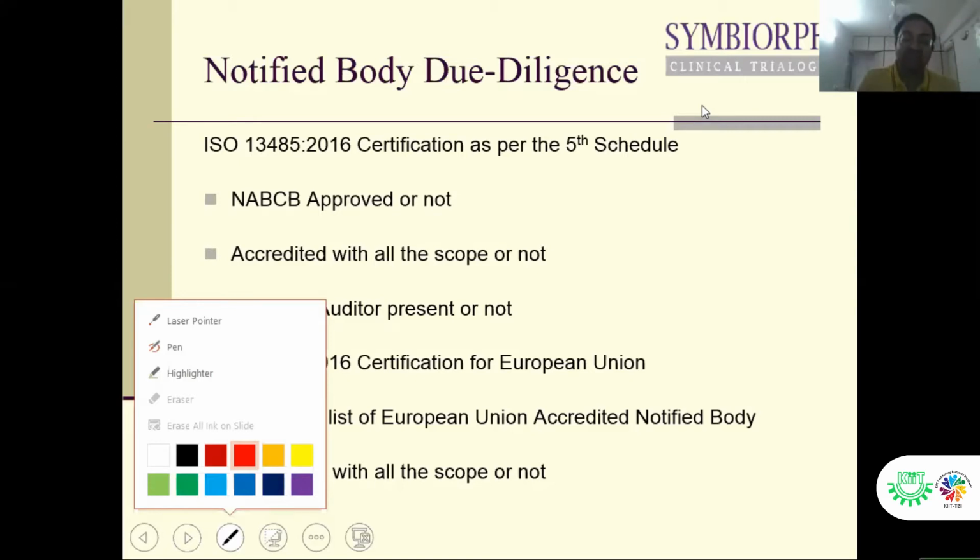So the same certification body can audit your system as per the 5th Schedule and also as per the requirements of EN ISO 13485, and the startup can save a considerable amount of money and time.